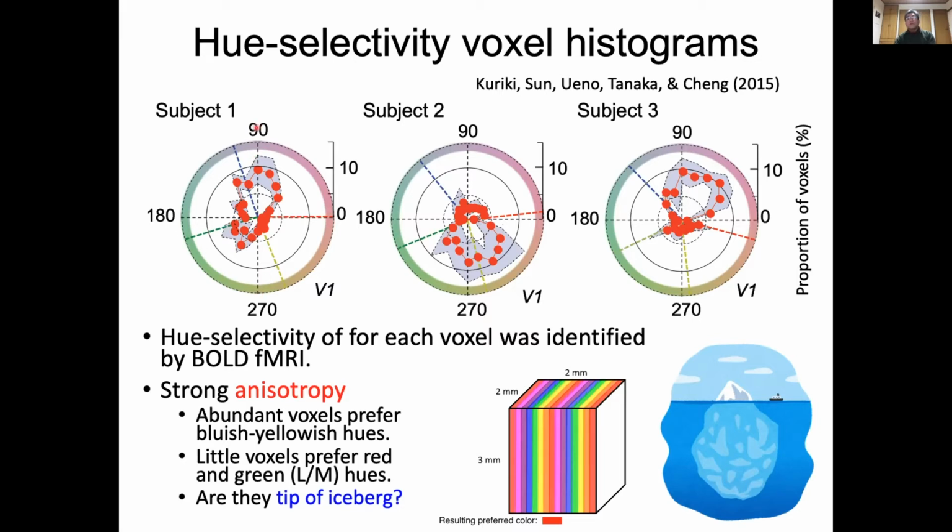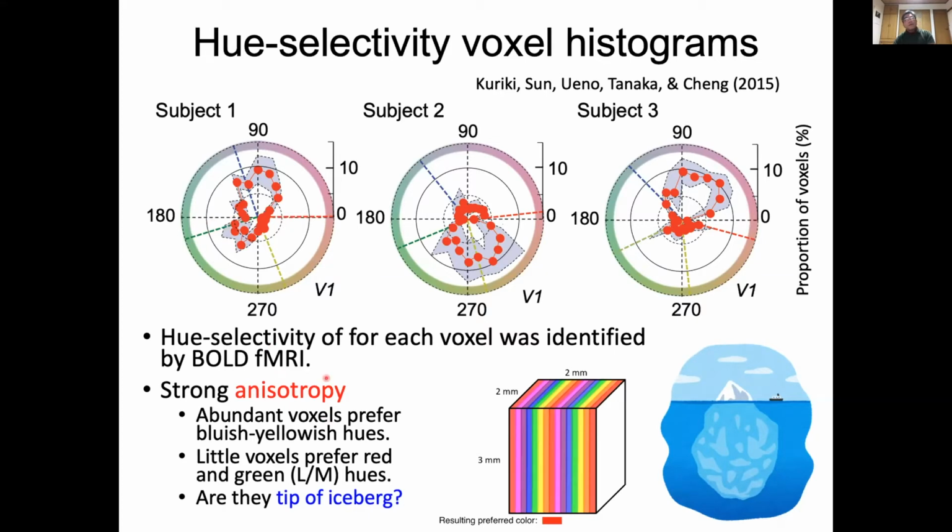and the vertical axis shows the S cone selective direction. What you can find in this diagram is very strong individual differences, but another characteristic is a very strong anisotropy. There are abundant voxels preferring blue and yellowish directions in each subject, but not many voxels selective to the red-green direction, particularly along the L and M cone opponent axis.